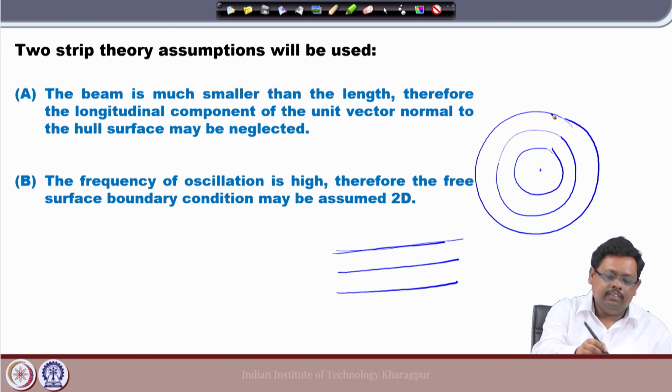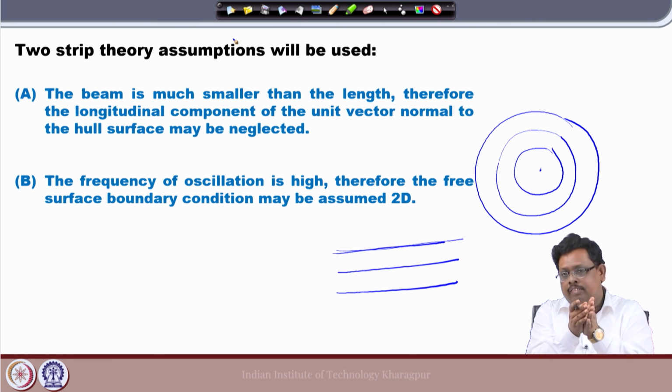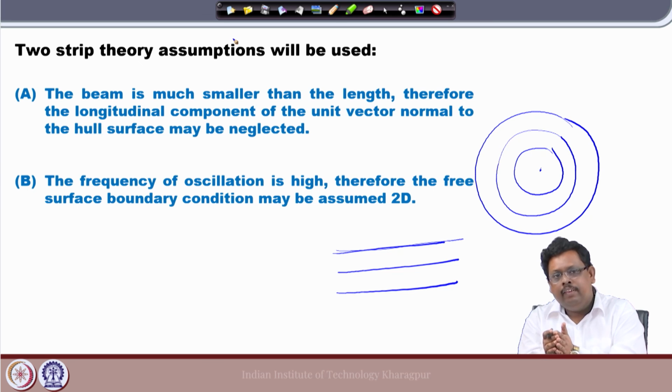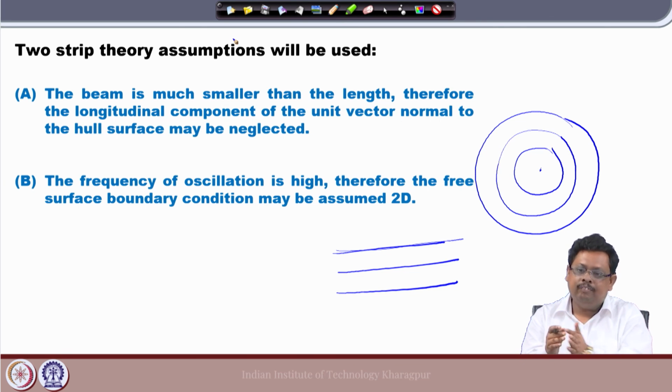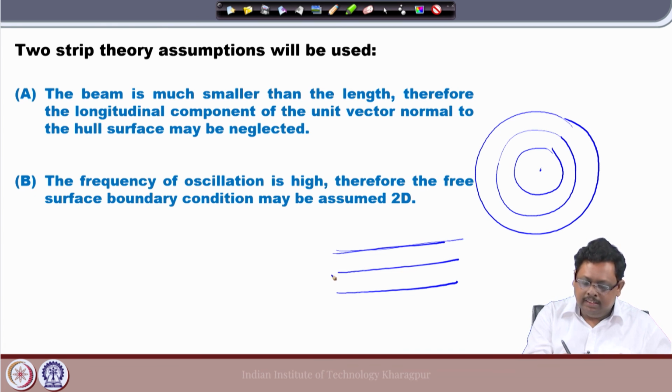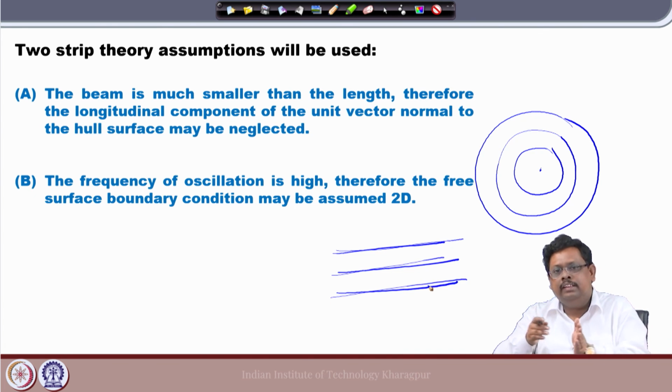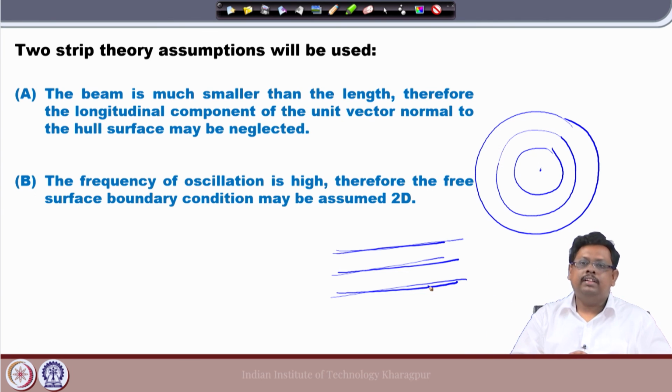But as I said, if I assume the frequency of encounter is very high, in that region one can assume that the radiated waves are not propagating in a 3-dimensional way, they can propagate in a 2-dimensional fashion.